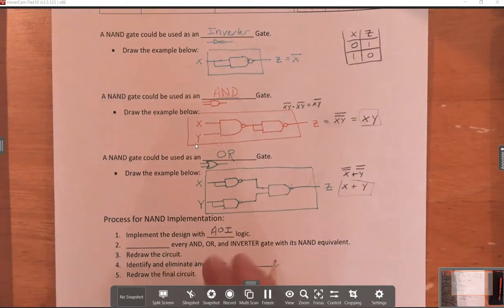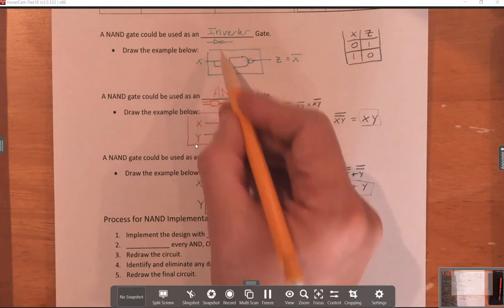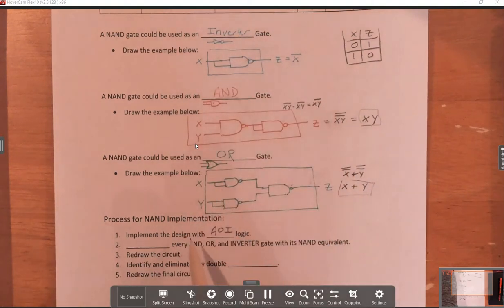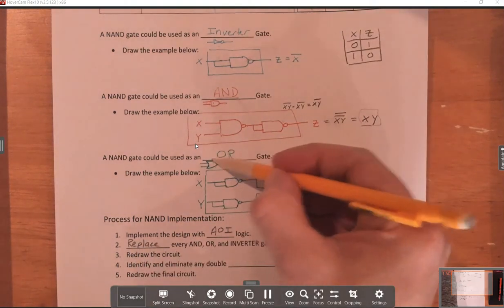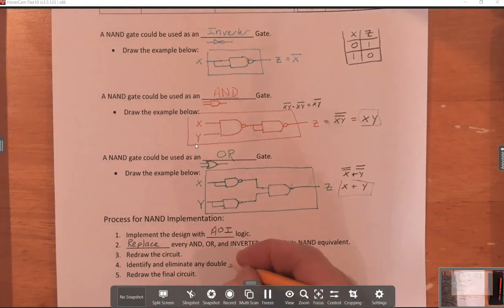Okay, then once you've traced that out using these standard symbols that we're used to, the inverter, the AND, and the OR, then we're basically going to make a substitution, or replace our previous AOI symbols with the NAND equivalent, which are in these boxes. We'll redraw the circuit, and then we are going to identify and eliminate any double inverters, or inversions, they say.